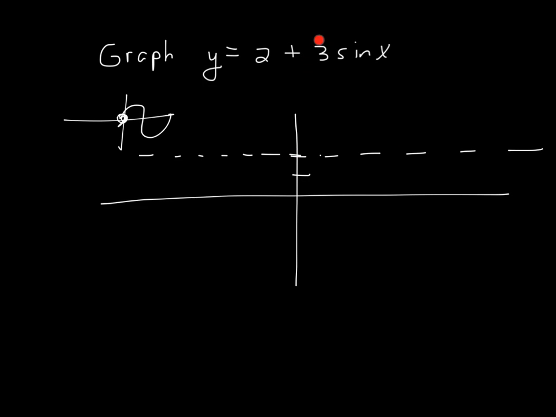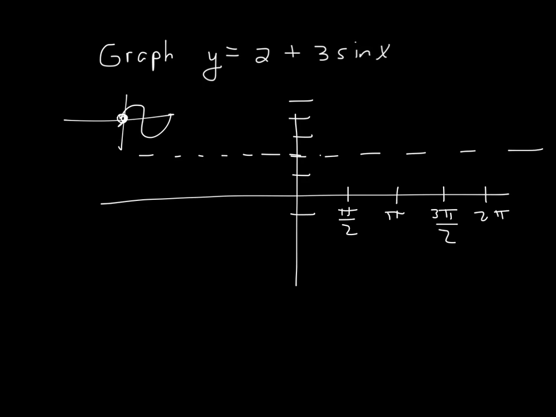But also I've got to go up 3 when I do it. So it's going to be 1, 2, 3, and then 1, 2, 3. So it's going to start here, go up 3, go down 3, graphing the standard sine graph. Let's put a 2 pi on here, a pi over 2, and a 3 pi over 2.